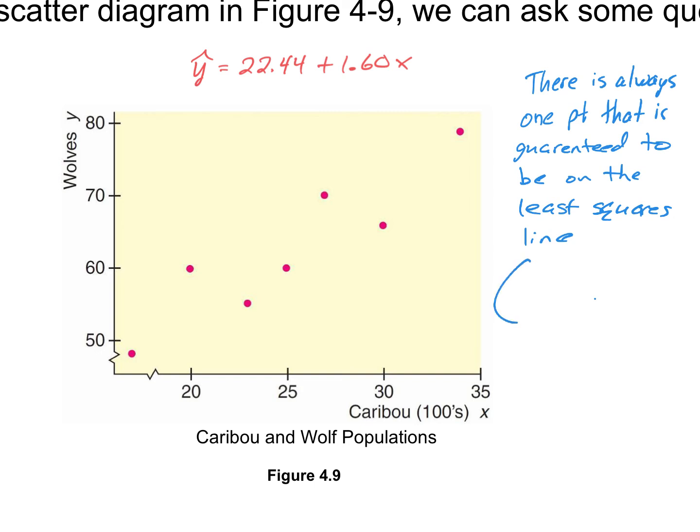And ladies and gentlemen, it is X bar, Y bar. It is guaranteed to be on your least squares line. You cannot guarantee an actual data point to be on your least squares line. This guy will. It will be there.